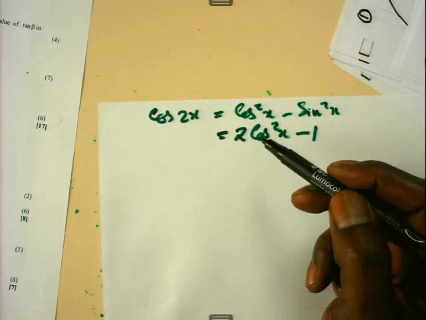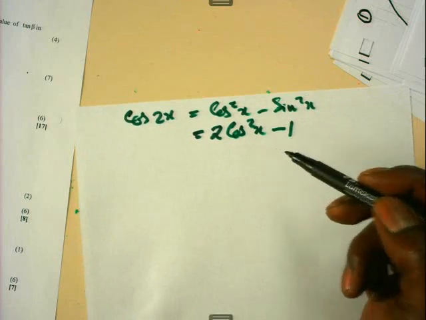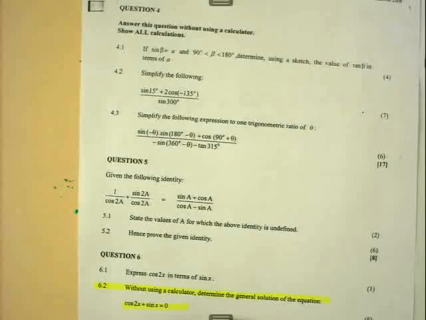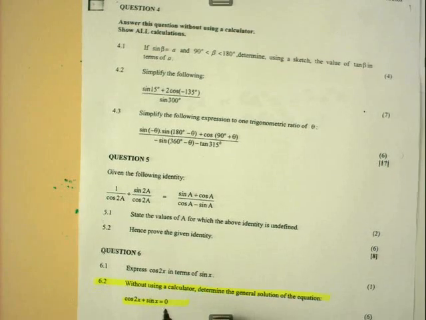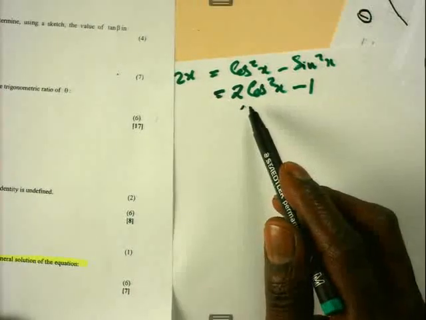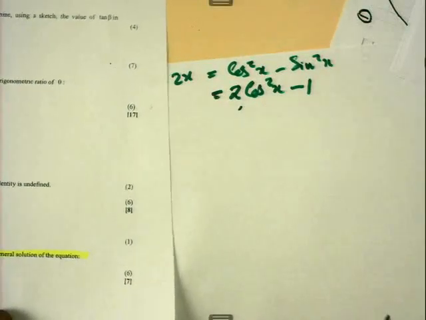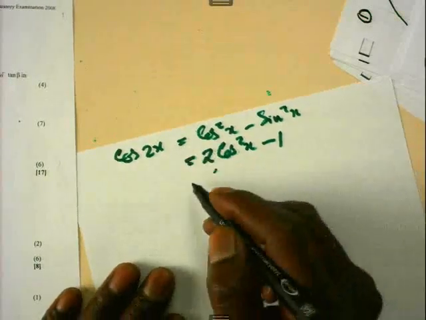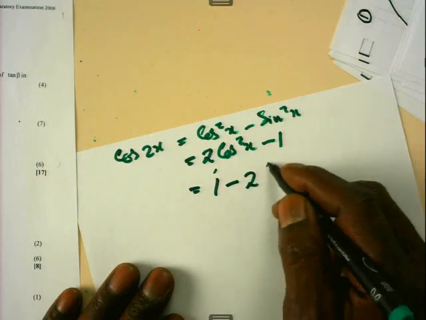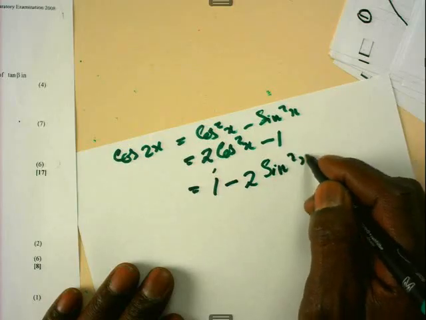I don't think this is going to help us because we'll still have cos and sine there. And cos 2x is the same as 1 minus 2 sine squared x.